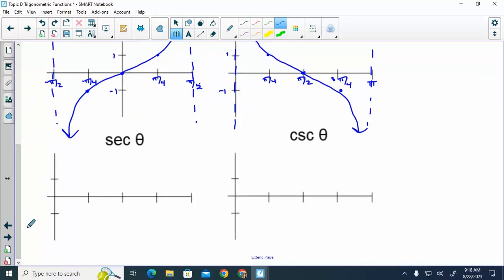Secant. What do we know about secant? It's the reciprocal of cosine. So, when we graph secant, we usually kind of pretend we are graphing a cosine graph to start with.